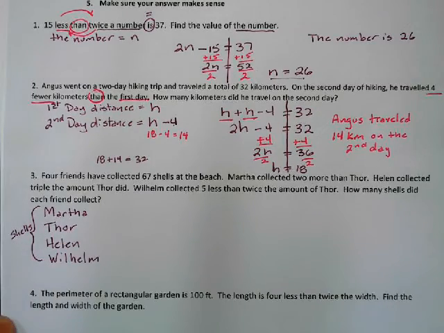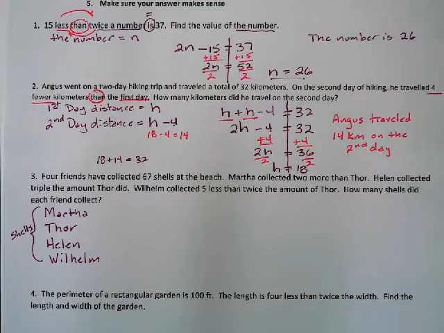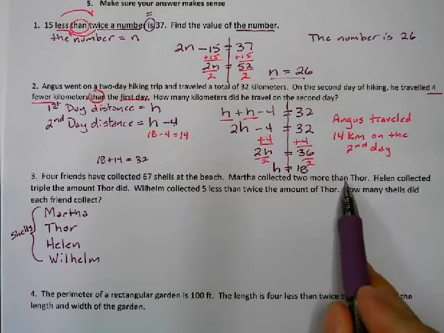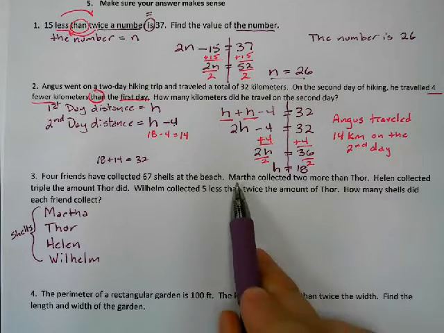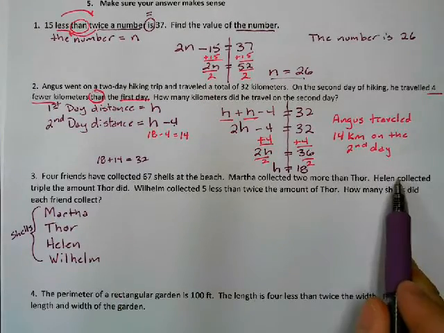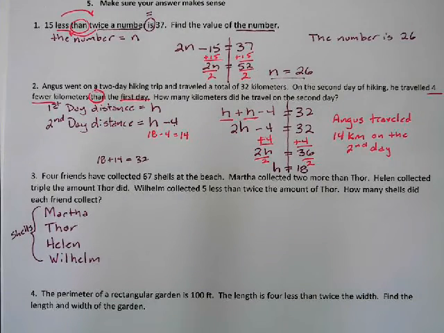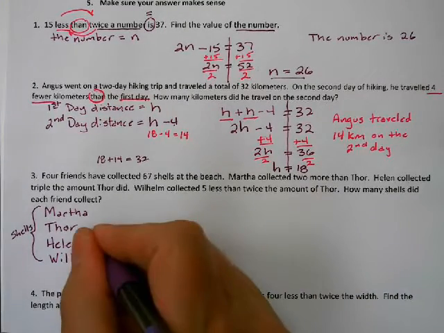Okay, I can't make them all variables, because if I had M, T, H, and W as variables, that's not going to be able to be solved. So I have to pick one of them to be my X value for my shells. Let's see. Martha is compared to Thor. Okay, so Martha can't be X because she's compared to Thor. Helen is compared to Thor, so Helen can't be X. Wilhelm is compared to Thor. It looks like Thor has to be X because everybody else is being compared to him. So let's make Thor X.